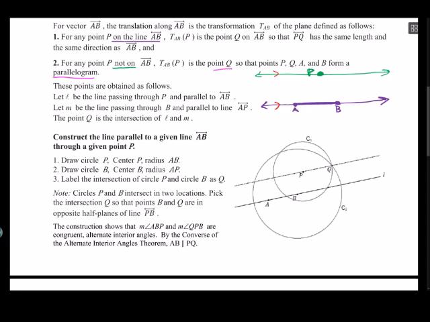So we know we need to move this distance. This is our distance AB. This is going to be point Q. So this distance is congruent to this distance. And what we end up forming here is a parallelogram. And we will see how to do that in this example down here.